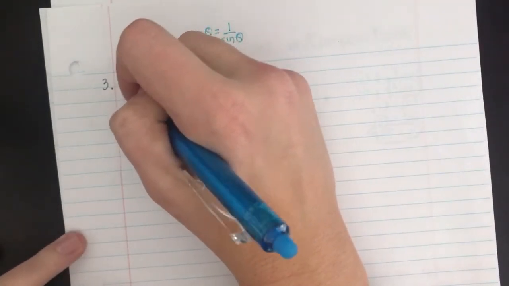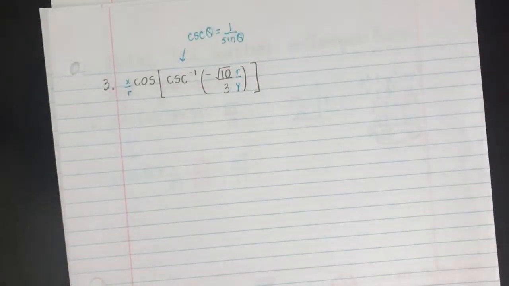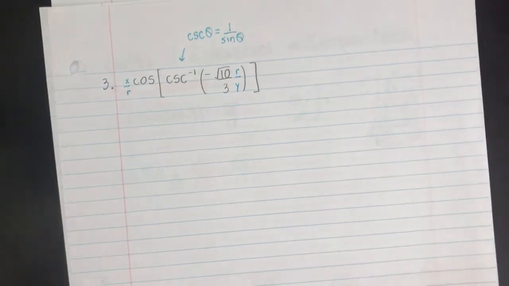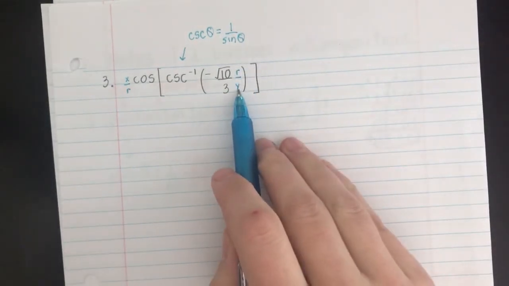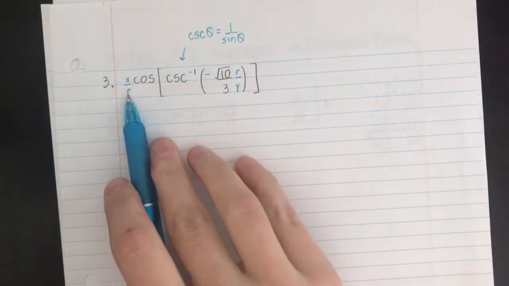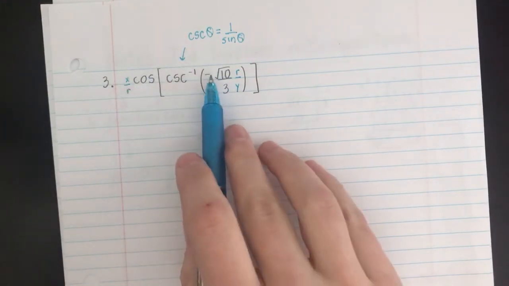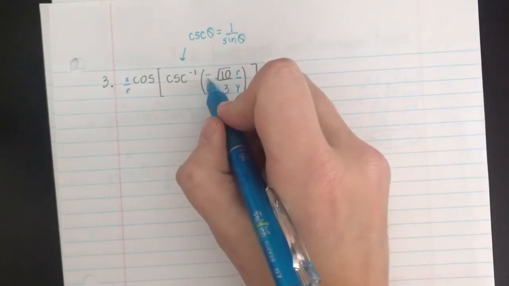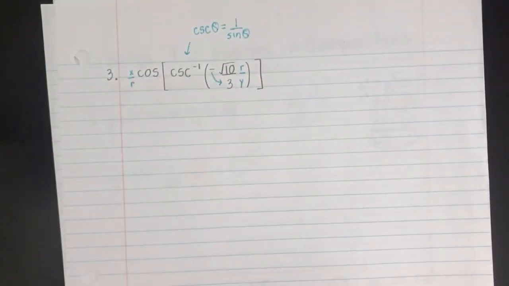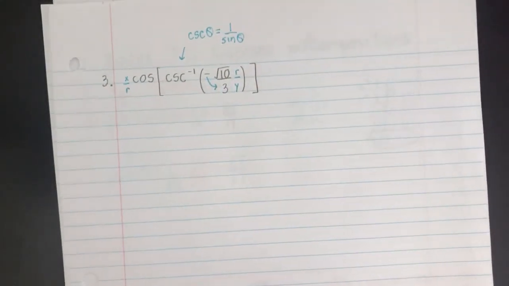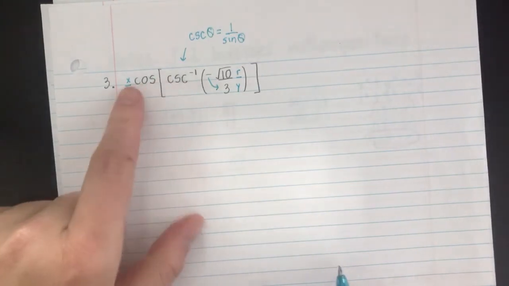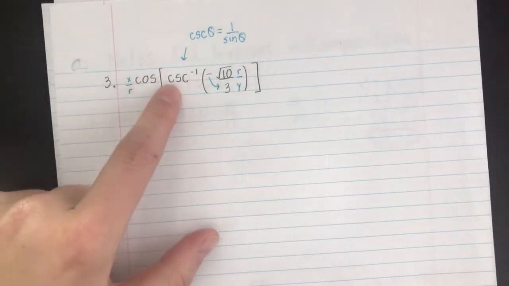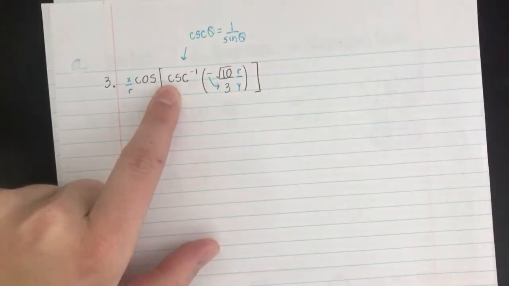Cosine is x over r. Okay, so now we have r, we have y, we don't know x. This is kind of labeled funny because that negative looks like it belongs to the r, but you and I both know that can't be true, so the negative must belong to the y. Okay, so we don't know if x is positive or negative, so we need to use our restrictions.